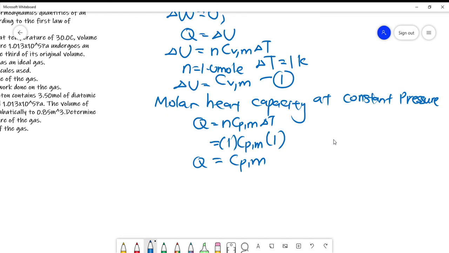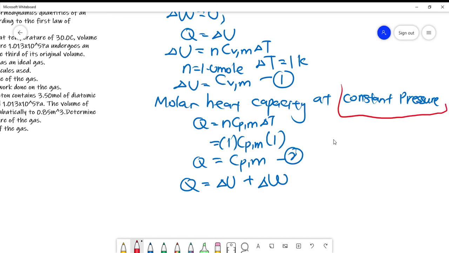So based on the first law of thermodynamics, this will be our second information. So Q is equal to the increase in internal energy plus the work done. Remember, we use this first law of thermodynamics at the condition of constant pressure. So what we have here, my Q is CPM.